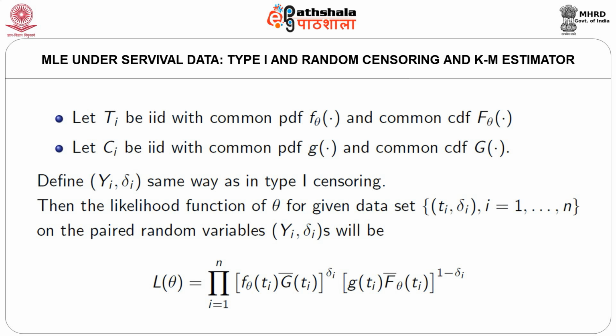Then the likelihood function of theta for a given dataset small ti, delta i, i from 1 to n, on the paired random variables Yi, delta i will be capital L theta equal to product over i from 1 to n of small f theta at ti times G bar at ti, whole to the power delta i, into small g at ti times capital F bar theta at ti, whole to the power 1 minus delta i.